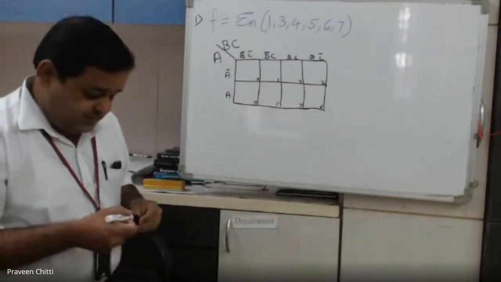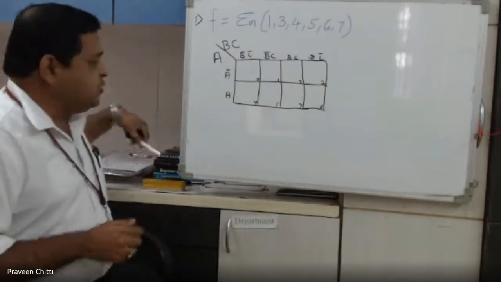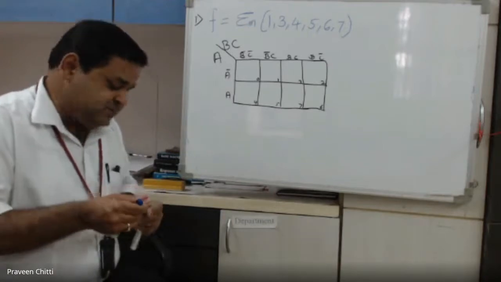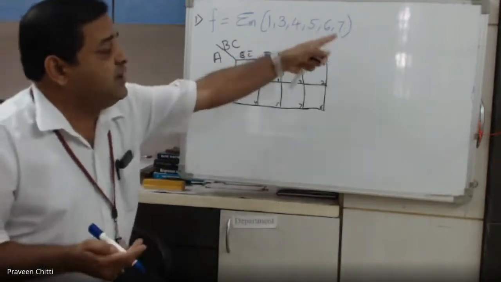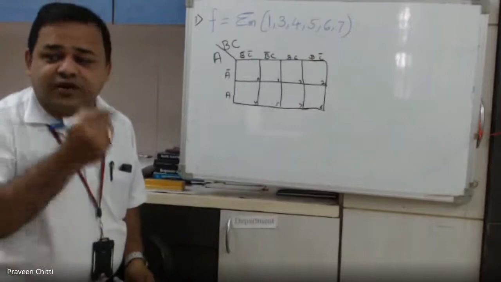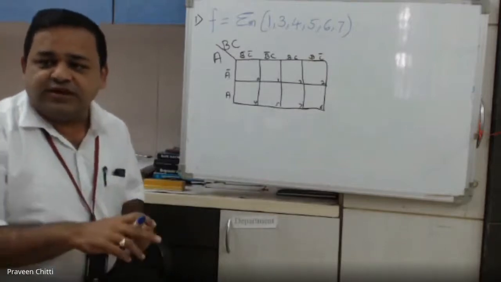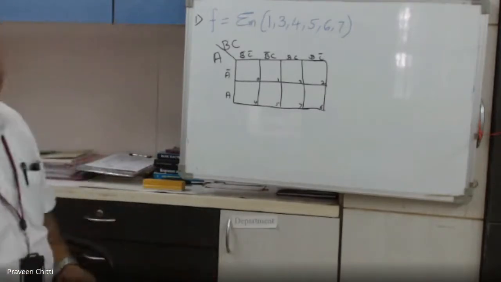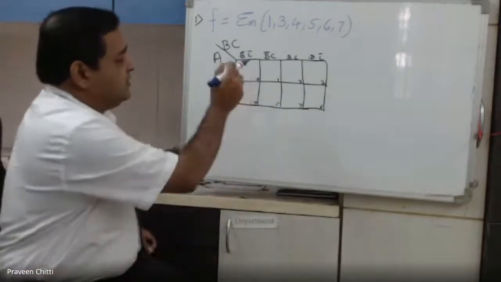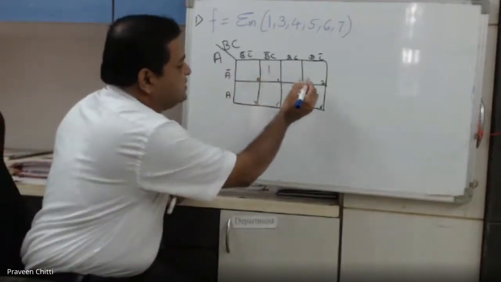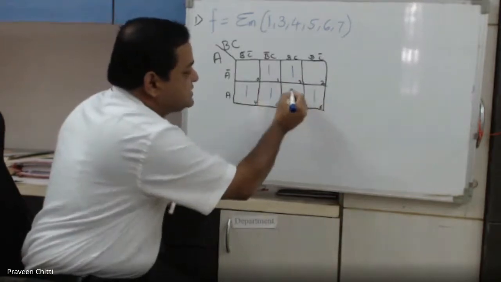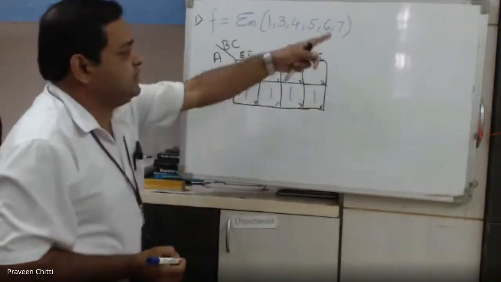Is that fine? So first we identify how many variables there are, then we draw a K-map for that many variables. The next step is that corresponding to the given minterms, in the cells you enter 1, and in the rest you enter 0. So where should I enter 1? 1, 3, 4, 5, 6, 7.